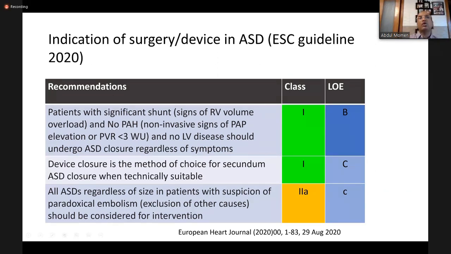When all causes of stroke are excluded in a young patient and a PFO or small ASD is found, it is a class 2A recommendation to close the ASD or PFO, even if it is not hemodynamically significant. So with hemodynamic significance, no severe pulmonary arterial hypertension, and no LV disease, undergo ASD closure regardless of symptoms.